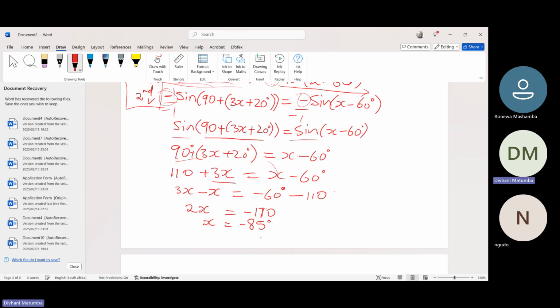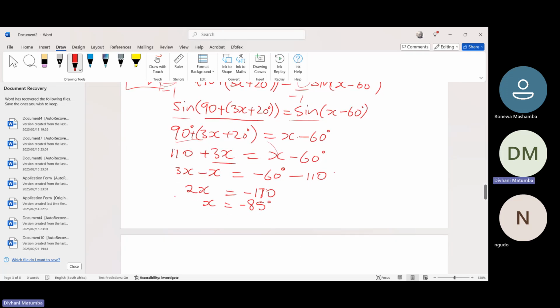However, like I said, we are dealing with the sine. So if you are dealing with the sine, it's going to be x equals minus 85 plus 360k degrees, where k is an element of integers.